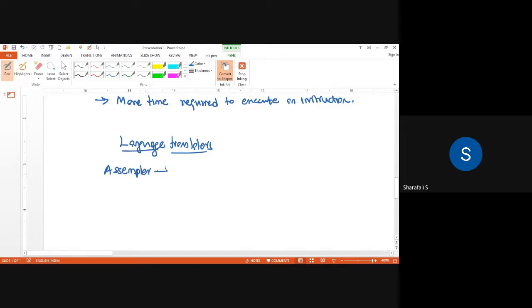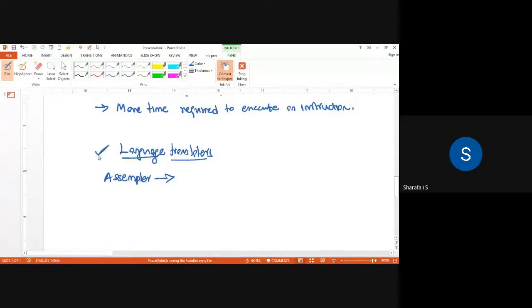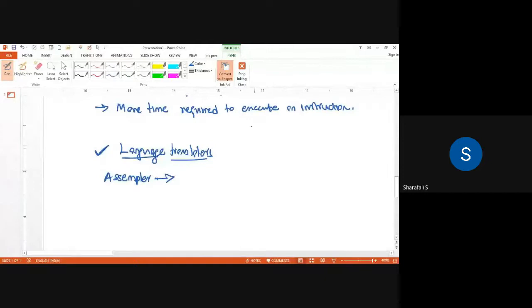When you consider the assembler, what will the assembler do? The assembler is used when you are considering assembly language. So we are categorizing them in a broad classification of language translators. First we will discuss this assembler, and then we will go to the compiler and interpreter.